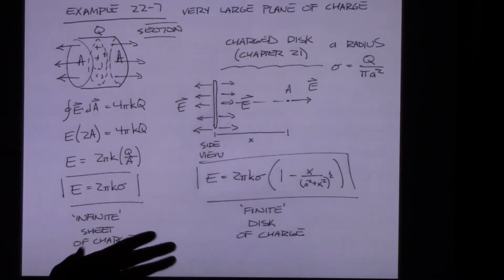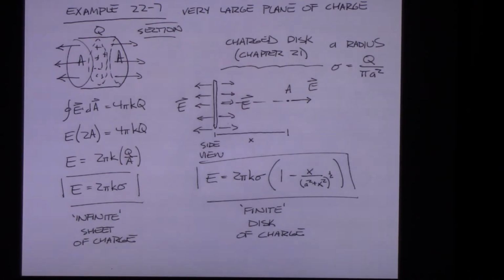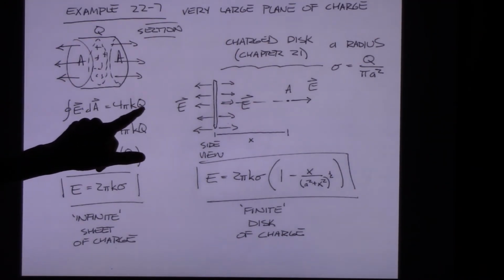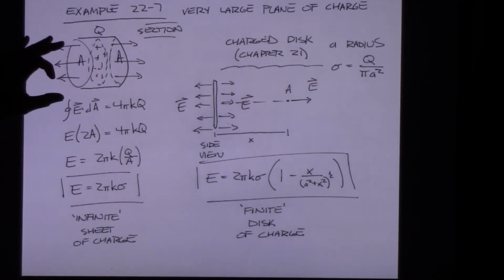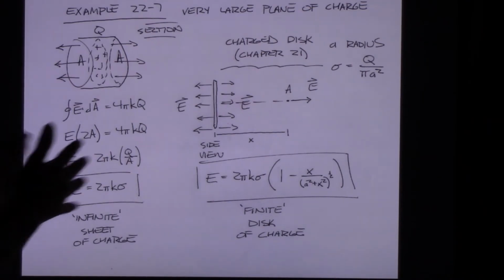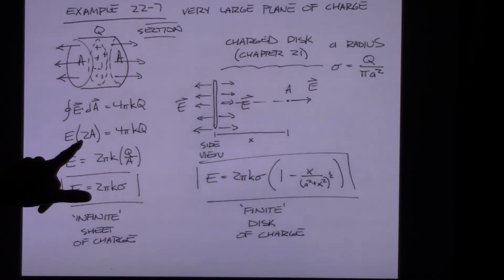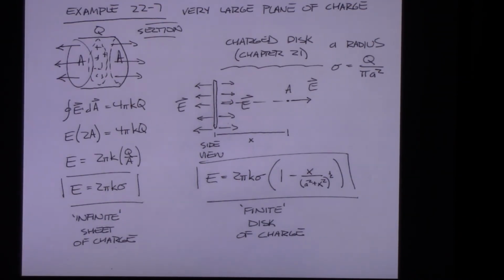So charge per area. Now let's plug that into Gauss's law and see what kind of an estimate it provides for us. Gauss's law says if I calculate all the electric flux coming through here, I can set that equal to the enclosed charge times 4 pi k. Now the flux of everything coming out the ends of that cylinder would be E times, I'm just going to call it 2 area, where the area is pi a squared.